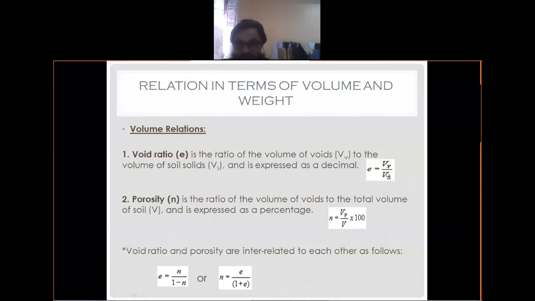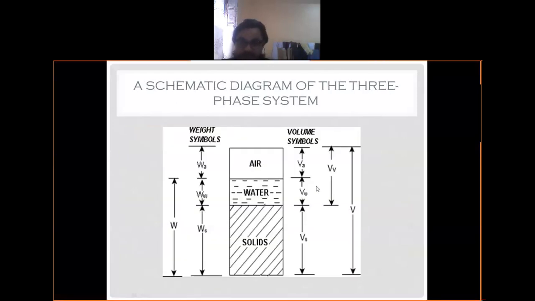In terms of void ratio, Vv is divided by Vs, but in case of porosity, Vv is divided by capital V. So if you want to find out porosity, small n, you just divide this volume of voids by this total volume and multiply by 100.